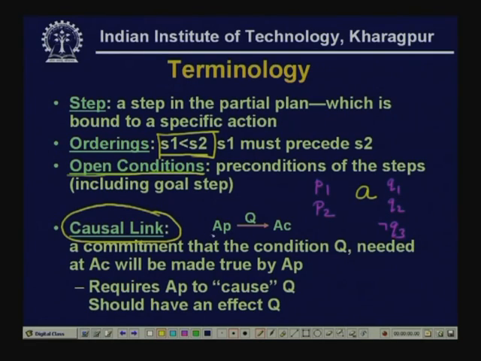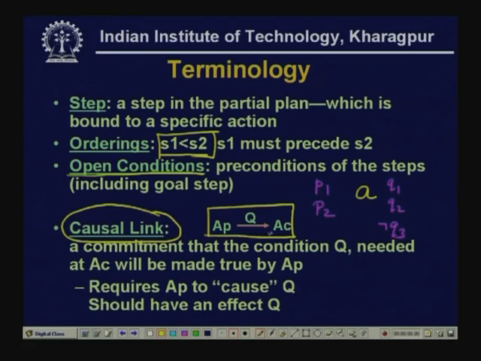If the step AP supplies the precondition Q, which is a precondition of AC, then AP to AC is a causal link on the condition Q.